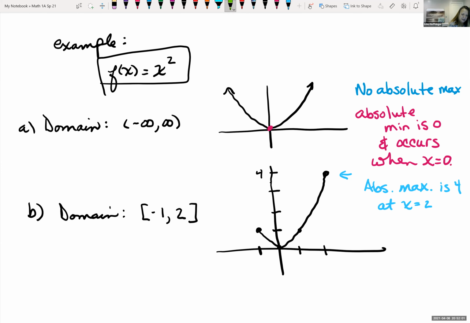And my absolute min hasn't changed. My absolute min is still here. I could say this point right here is actually a local. We'll talk more about the local min, actually max.